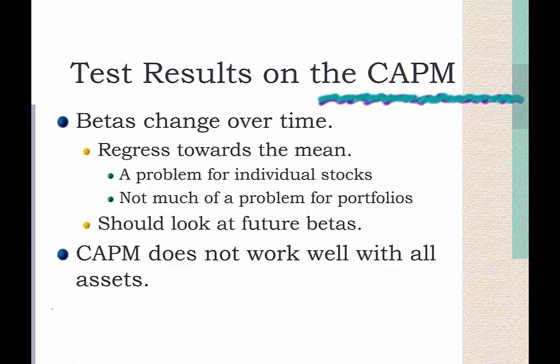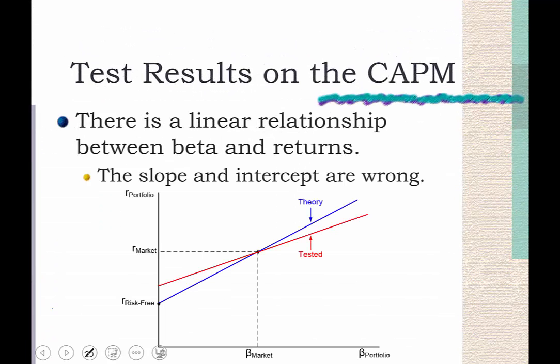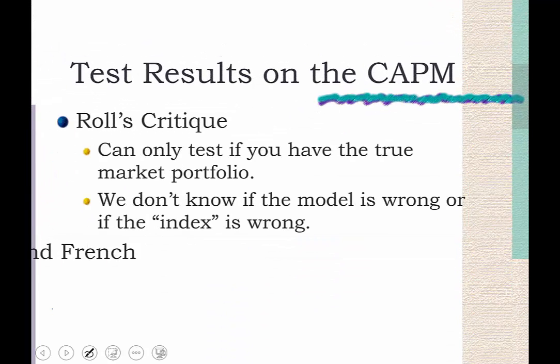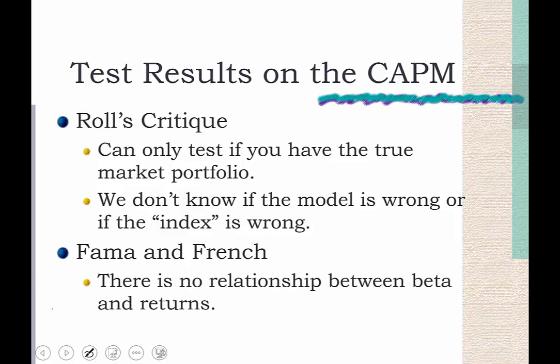CAPM doesn't work well with all assets. There is a linear relationship between beta and returns. The theoretical slope is quite a little bit different from the tested slope, and the intercept is a little bit different too. So those are the test results. Richard Roll said you can only test it if you have the true market portfolio, so we don't know if the model is wrong or if the index is wrong.